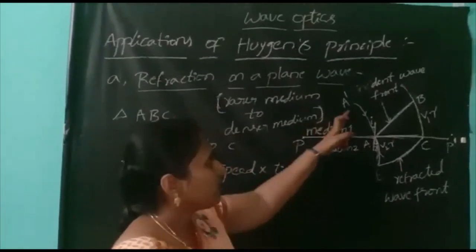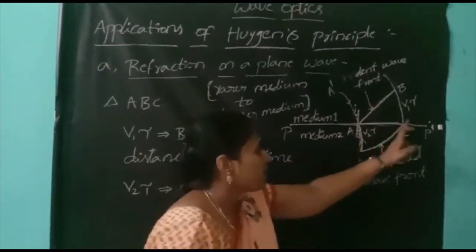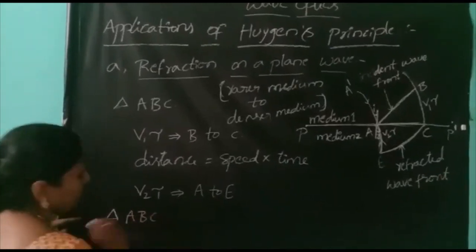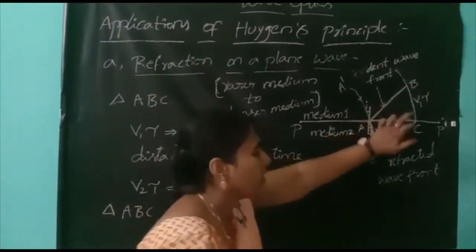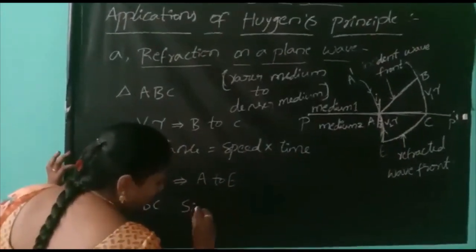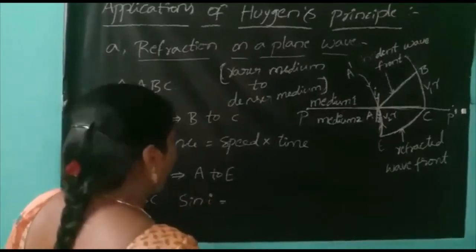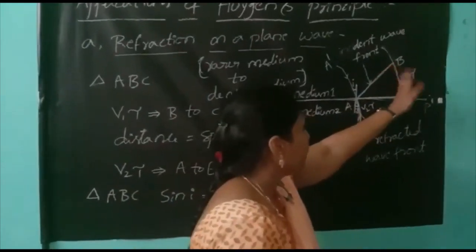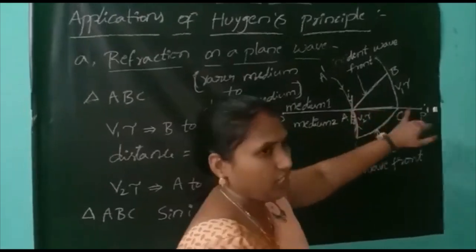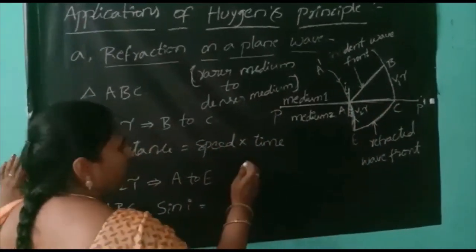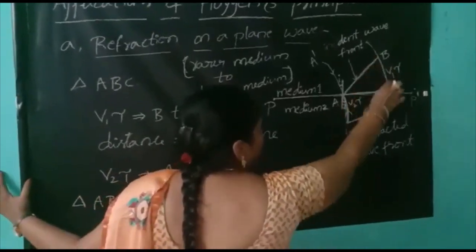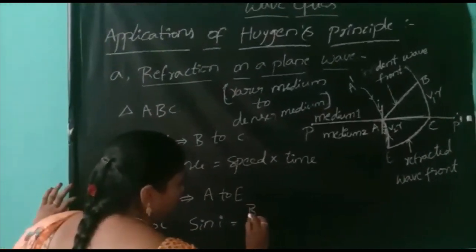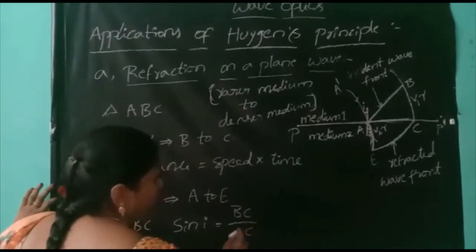The incident wave creates triangle A, B, C. This is the incident wave, so sin of angle I is, by the sin theta formula in trigonometry, opposite side by hypotenuse. The opposite side is BC, over AC.